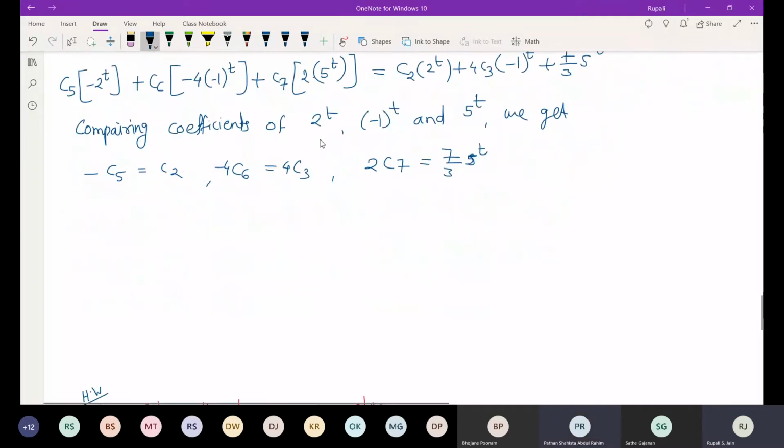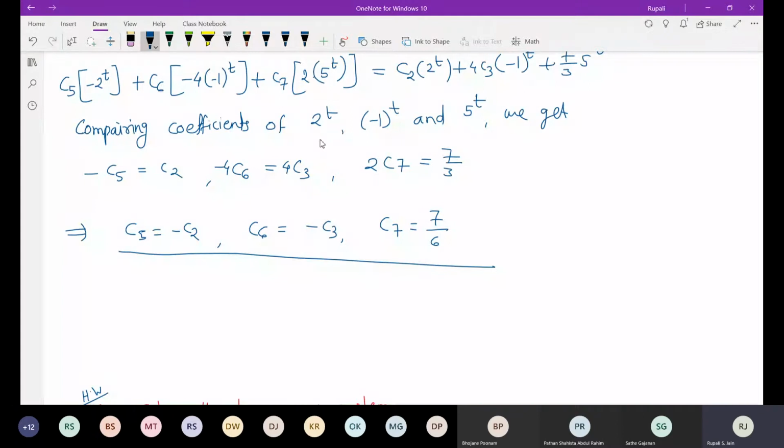So what am I getting here? C5 is equal to minus C2, C6 is equal to minus C3 and C7 is nothing but 7 by 6. Is that okay? So these are my arbitrary constants.